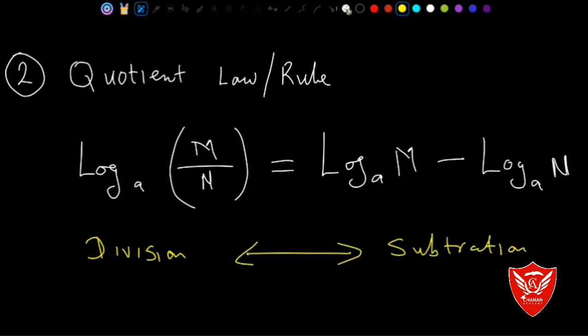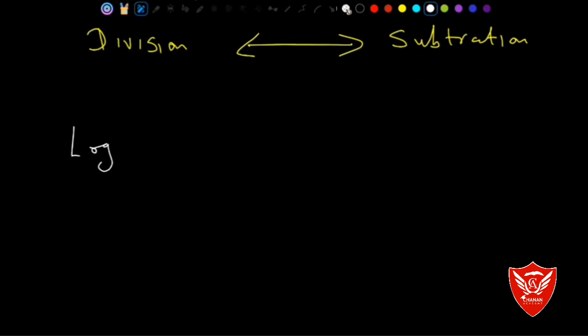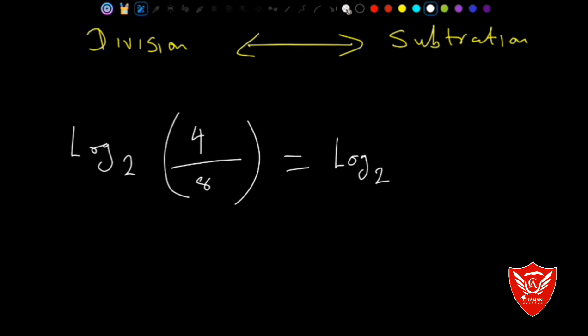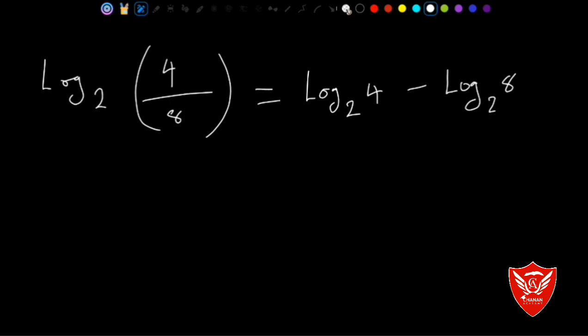Let's take one example to explain this. Log base 2 of 4 divided by 8. We can have this equal to log base 2 of 4 minus the log base 2 of 8. This is equal to 2 minus 3. So therefore we have minus 1.